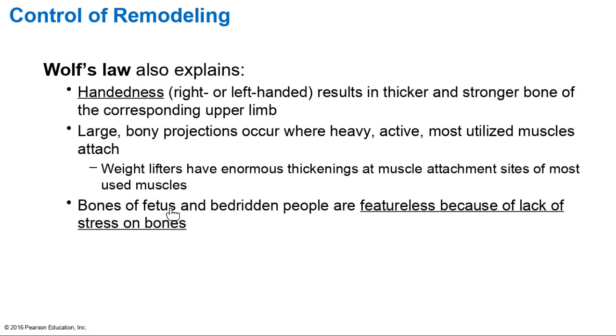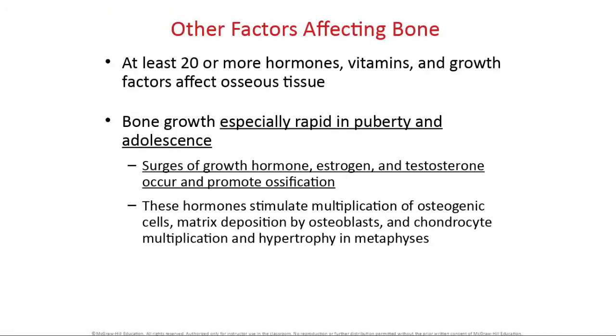The other way around, if you look at bones of a fetus or a bedridden person, their bones don't have very much feature to them, meaning muscle attachment sites are much smaller, because they are not placing stress on their bones. There's no need to have extra large attachments.